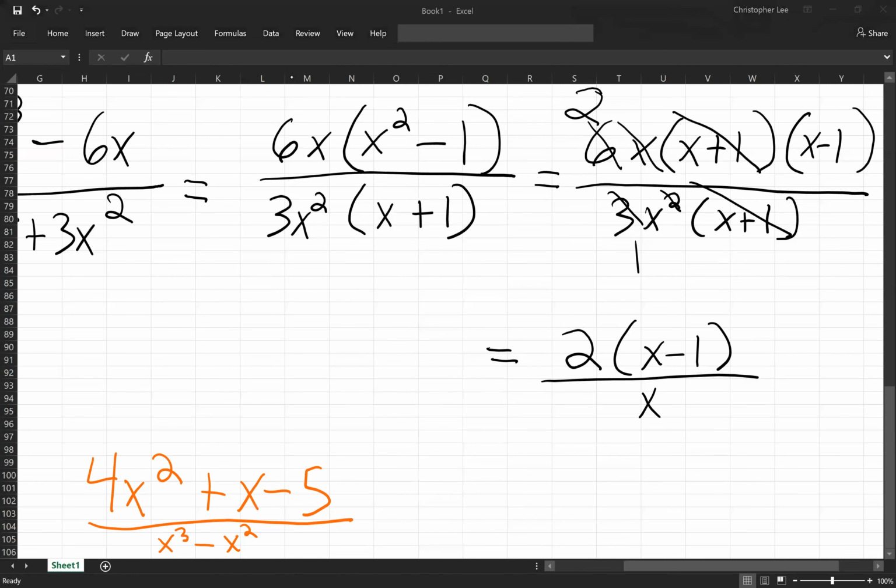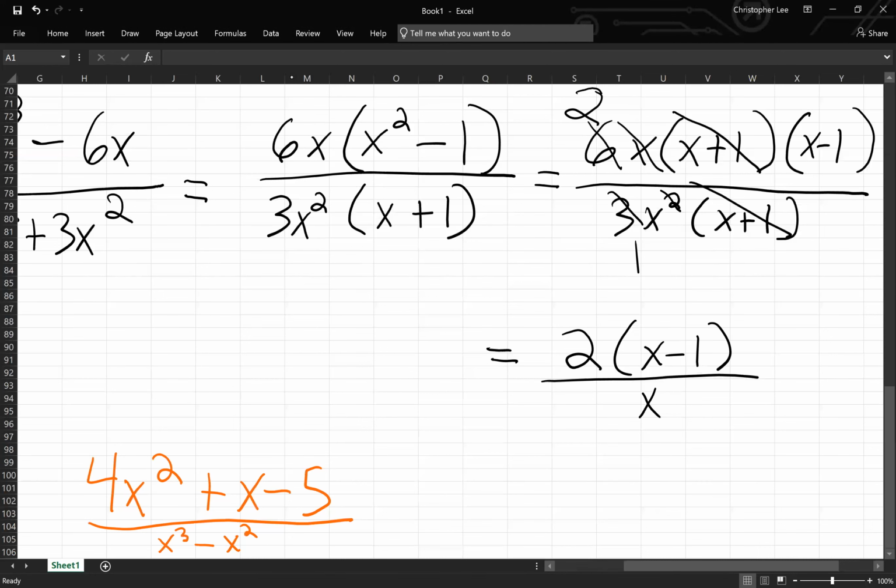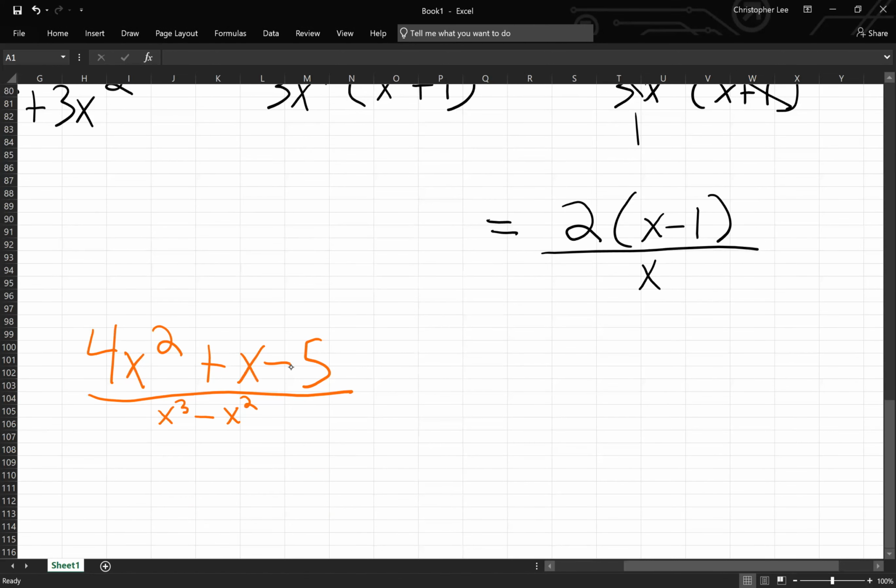Oh wait, sorry. So like this, just a dot next to the x squared, it's multiplied by. Oh, I see what you mean, like this. Got you. And then it's X over.